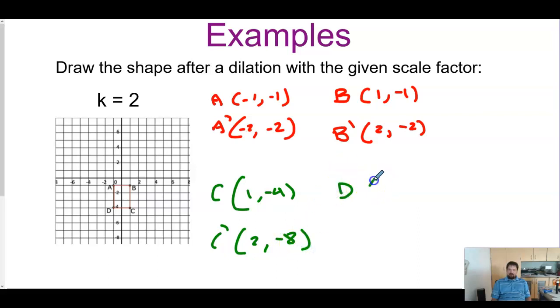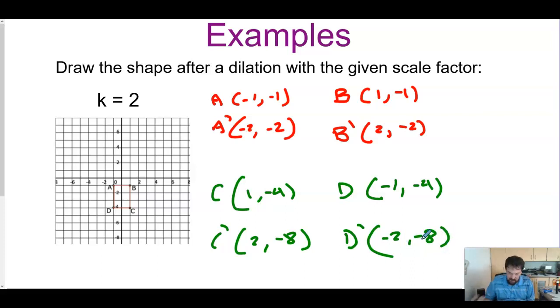And then D is -1, -4. So D prime, to get the new shape, times these by 2, and we get -2, -8. Now, if this scale factor was anything else, like 1/4 or 3/4, we would just take all these numbers and multiply them by whatever your k is to get our new coordinates.